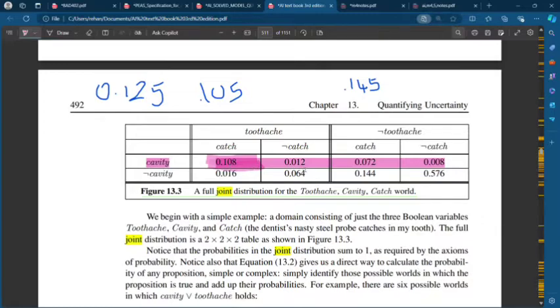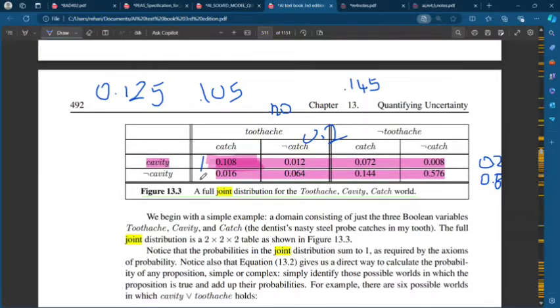Then I have 0.108 and 0.012; adding them gives 0.120. So 0.120 plus 0.080 becomes 0.2. So here I have 0.2. Then this should be 0.8. These four values should give me 0.8, obviously, if you add them.